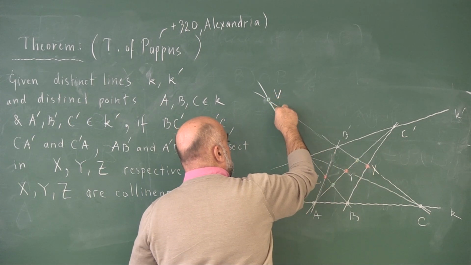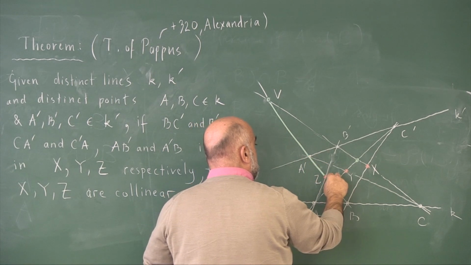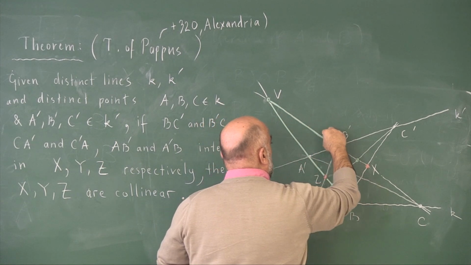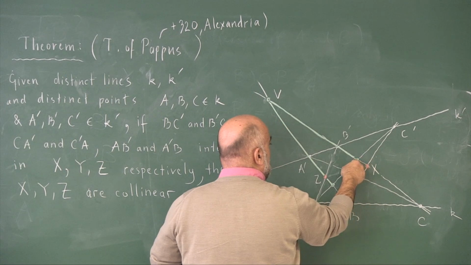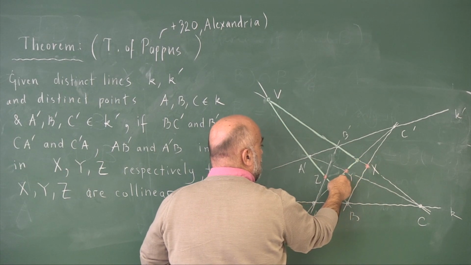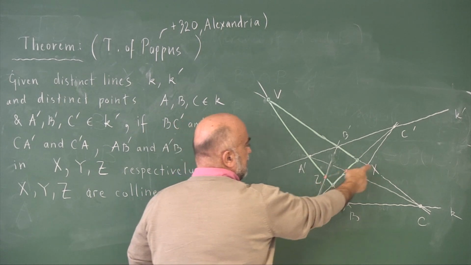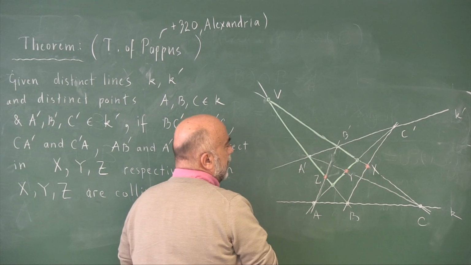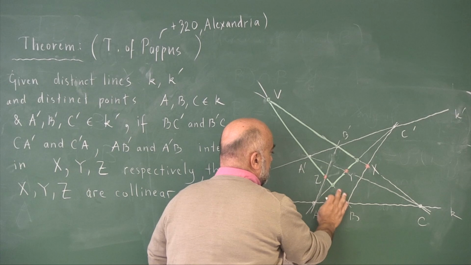Here is the triangle by means of which I shall be able to employ the theorem of Menelaus, so that these three points are on a line. Let's introduce notation.